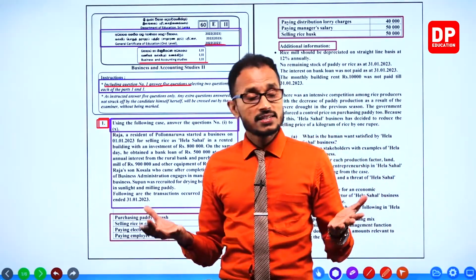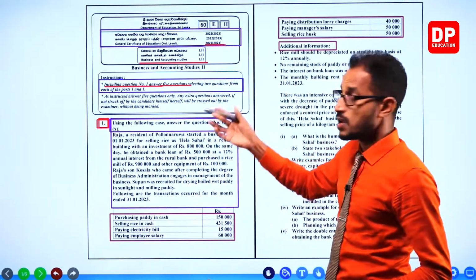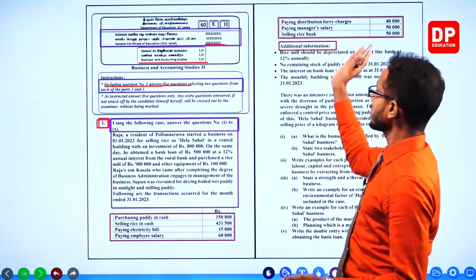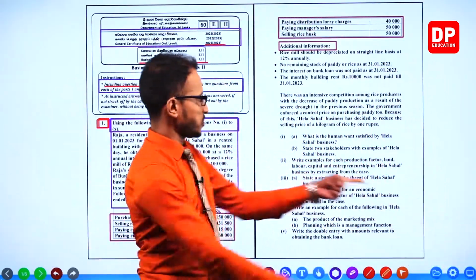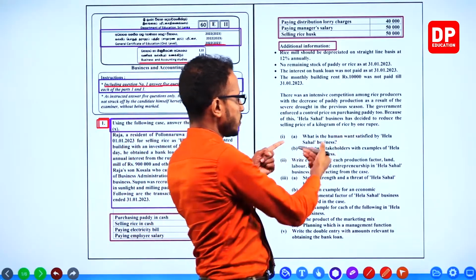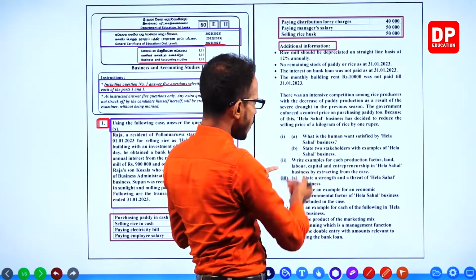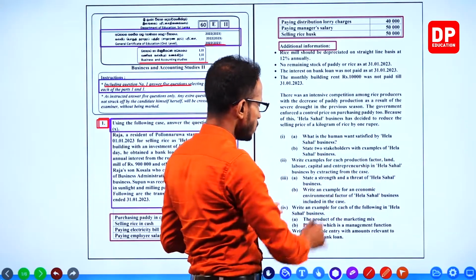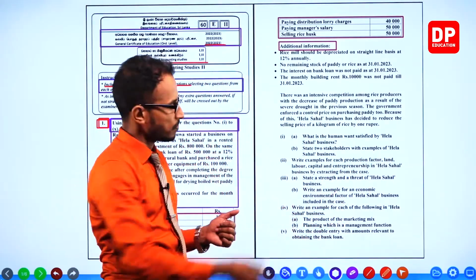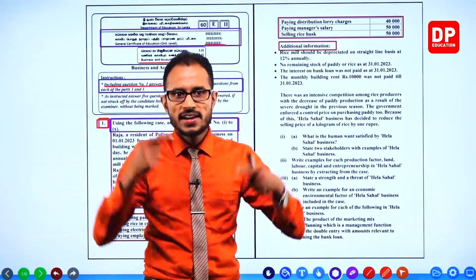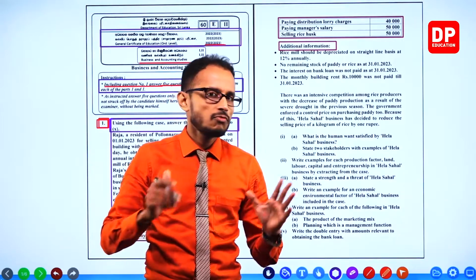Next, there is another method. You don't read the case first. Directly go to the questions and read through them. What is the human want satisfied by Hela Sahal? State the stakeholders with examples. Write examples for each production factor, one by one. Quickly read through the questions, and then you have a rough idea of what they are asking.